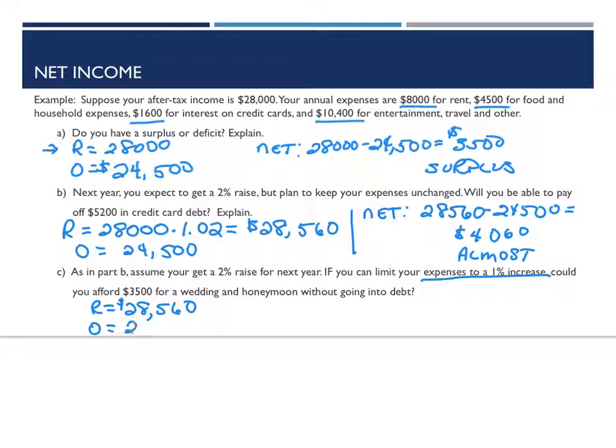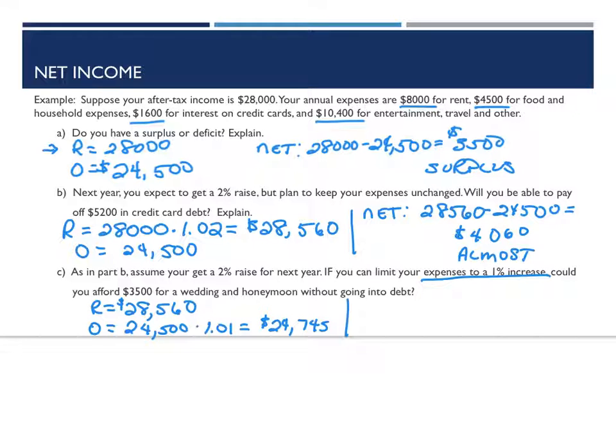So my outlays will increase by 1%. So that's 100% of what they were, plus 1% more is 101%. So times 1.01 means my new expenses will be $24,745.